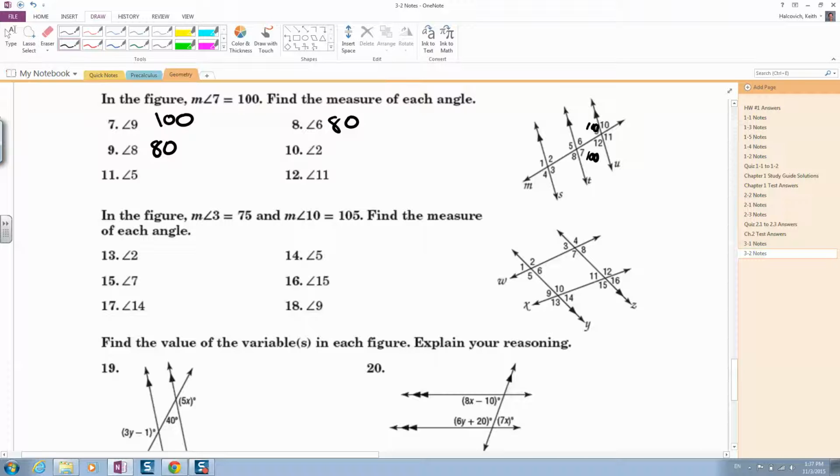Angle 2 is the same as 8, which is 80 because it's alternate interior. Notice there's a Z there. And then angle 5, which is right here, is supplementary to 2, so it's 100. And 11 would be the same as 7, which is 100, because they're corresponding.